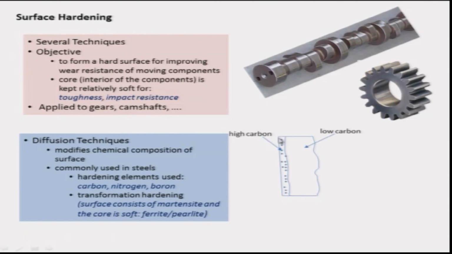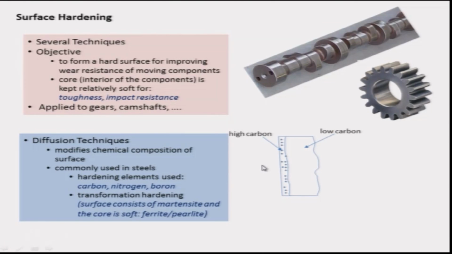The surface of this component is exposed to an atmosphere of high carbon concentration, and of course, this component is kept at a high enough temperature, so that diffusion of carbon can take place from the atmosphere into the material in the surface layers. So, what you see, eventually a high carbon content surface layer is formed, while the rest of the material is kept at low carbon.